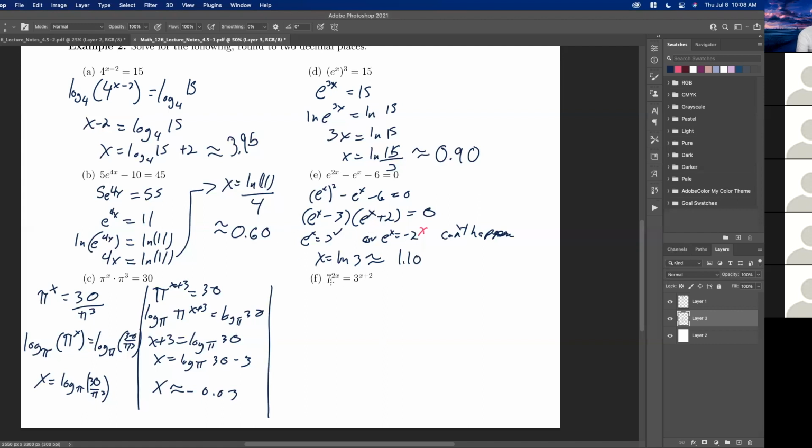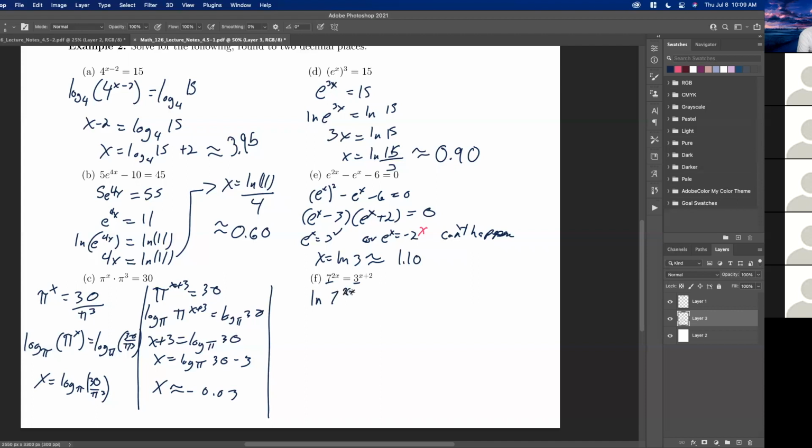Now, what do we do if we have two exponents and they're different, right? And they're only exponents. Well, in this case, you just take any log, right? And since ln has the least amount of characters, aka 2, instead of log base 4, which has 4 characters, I choose ln just because it's simpler, right?